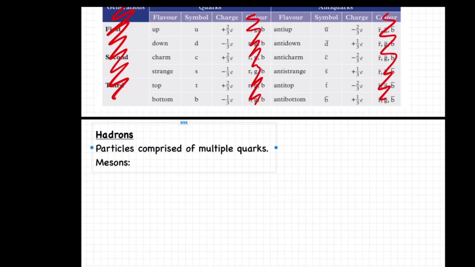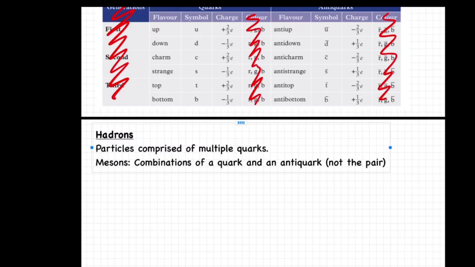which are combinations, double check. I don't know a better way of explaining that wording, but it's a quark and an antiquark.